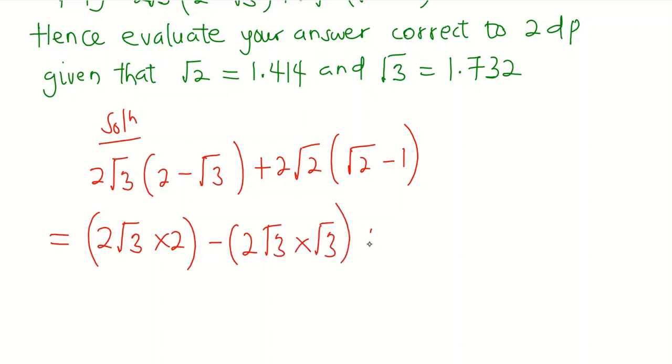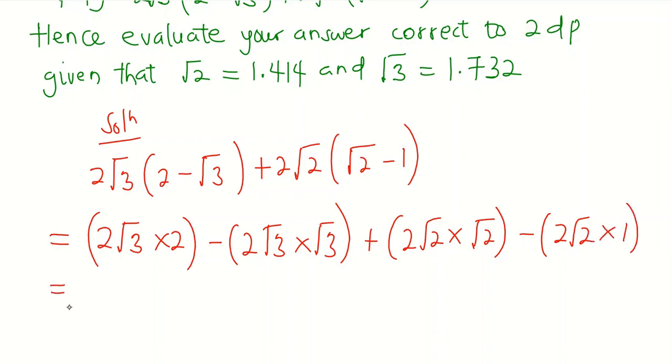And when we come here, we have 2 square root of 2 multiplying square root of 2, and we can see that positive and negative, when they are multiplying, we are going to have negative, which means we have negative 2 square root of 2 times 1.